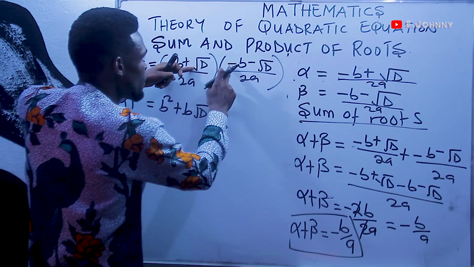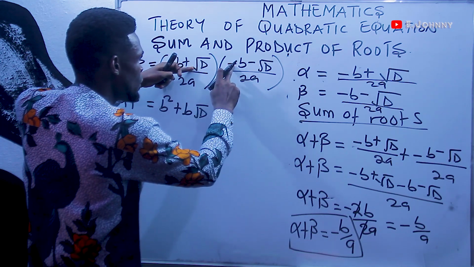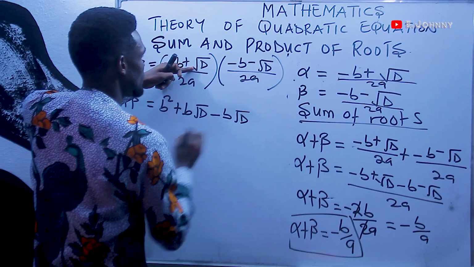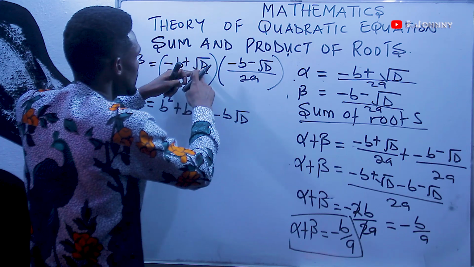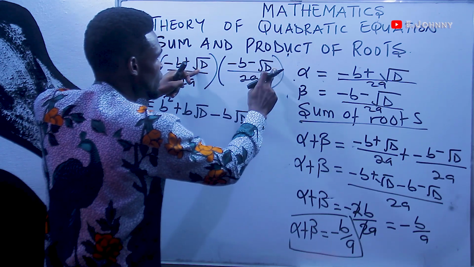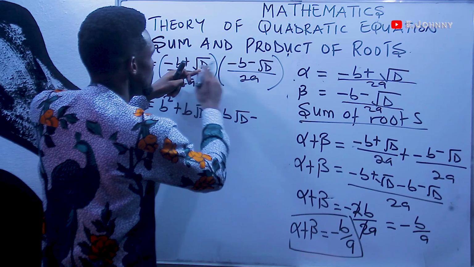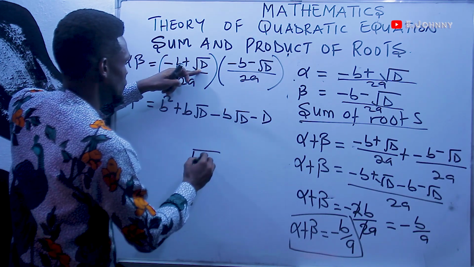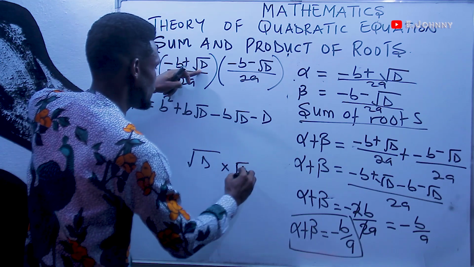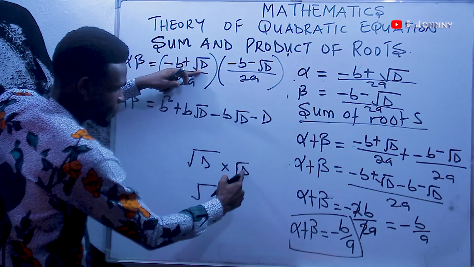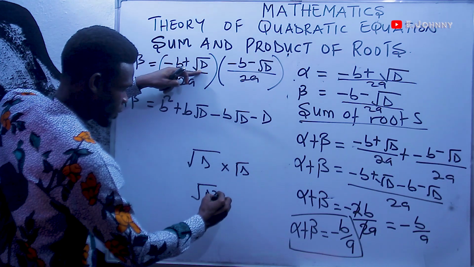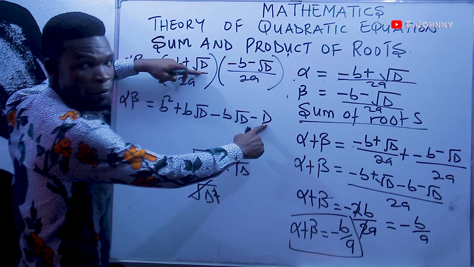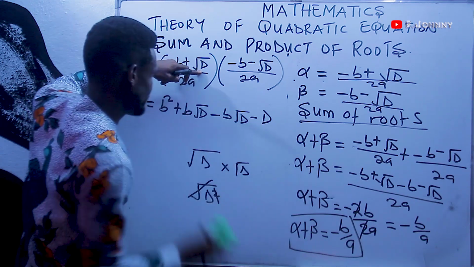Root D times minus b, that is minus b root D. Okay, root D times minus root D, minus is here. Root D times root D is D. So square will cancel square root. That's why we have D.